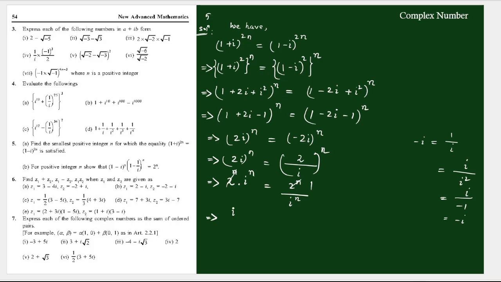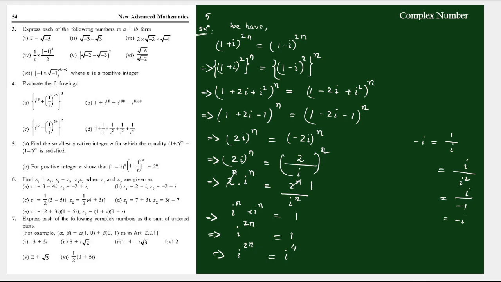So I to the power n into I to the power n equal to 1. So I to the power (n plus n), I to the power 2n equal to 1. And 1 we can make into base I: I to the power 4 is nothing but 1, so the base is the same now.